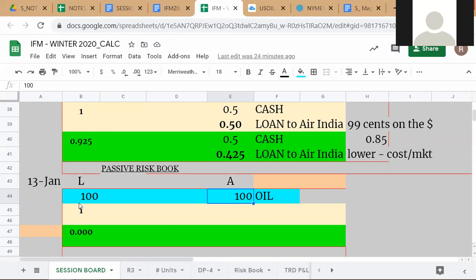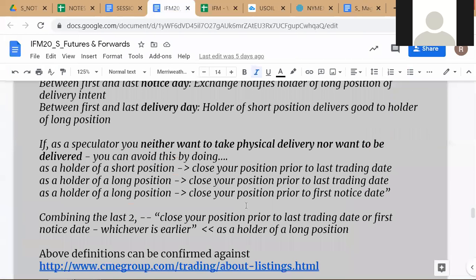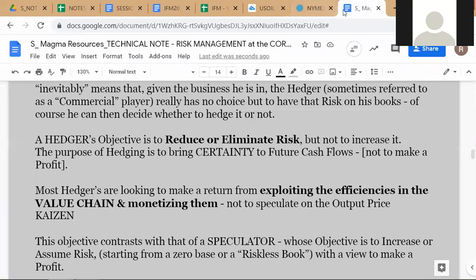Same thing, every day you're looking at all the aspects of the value chain. Where can I cut my costs and extract some more dollars, cut my costs by a few dollars and increase my margins? I mean, that's the business they're in. So that's why when they're hedging, they want to just lock in.